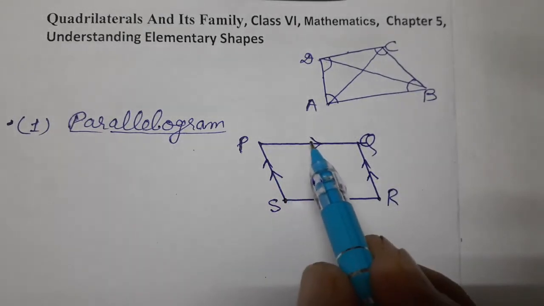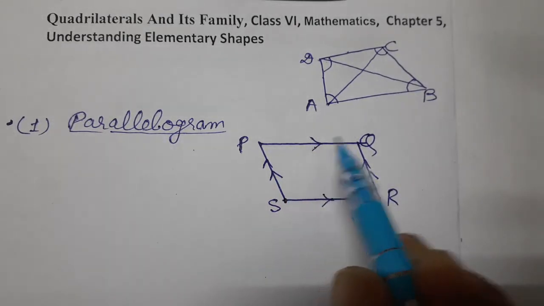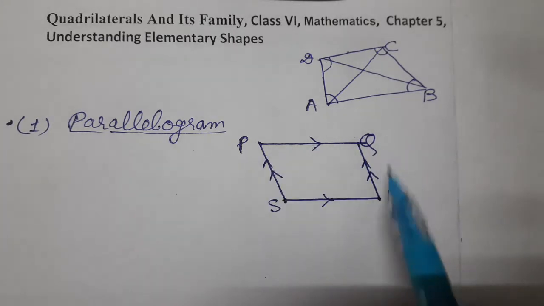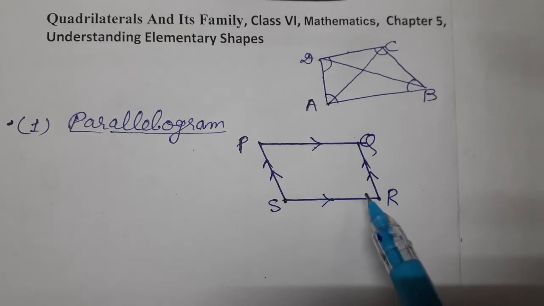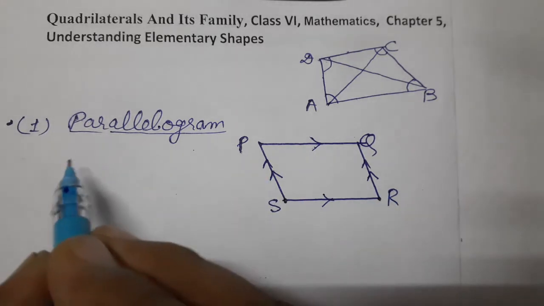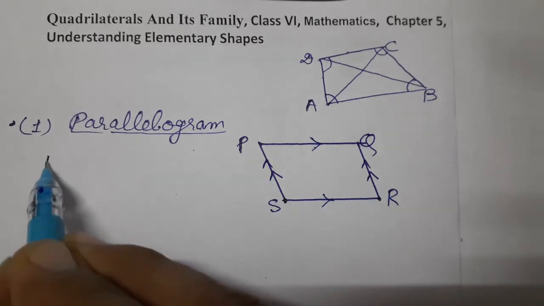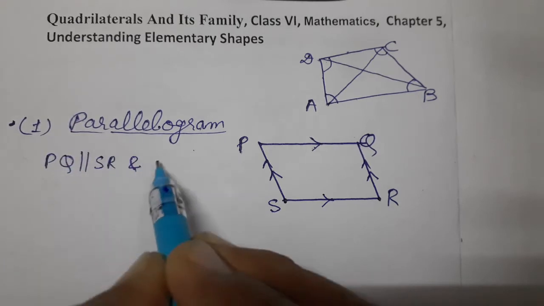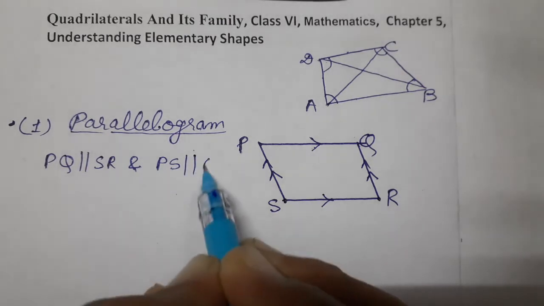So if both pairs are parallel, one this pair and second this pair, then we can say this quadrilateral is a parallelogram. So write PQ is parallel to SR and PS is parallel to QR.